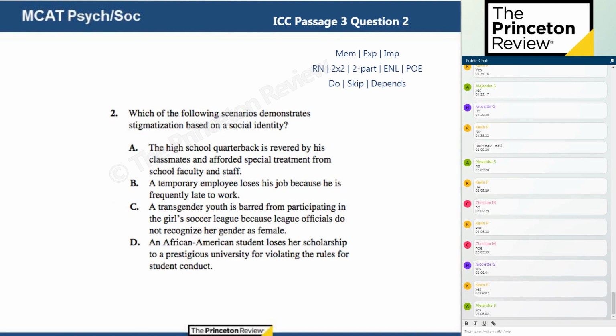Okay. Which of the following demonstrates stigmatization based on social identity? What kind of question is this? Do we need the passage?